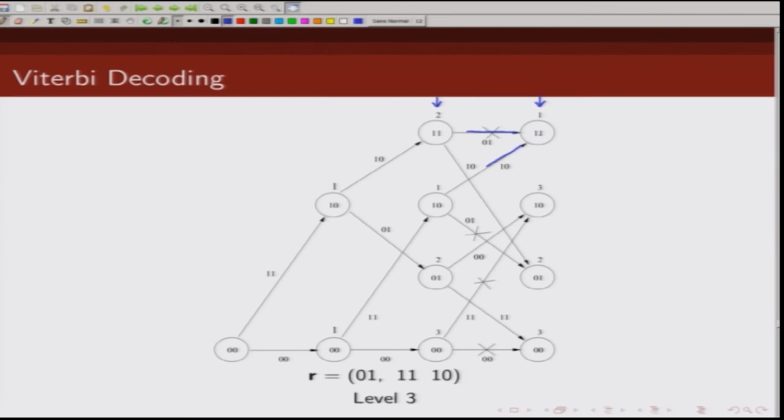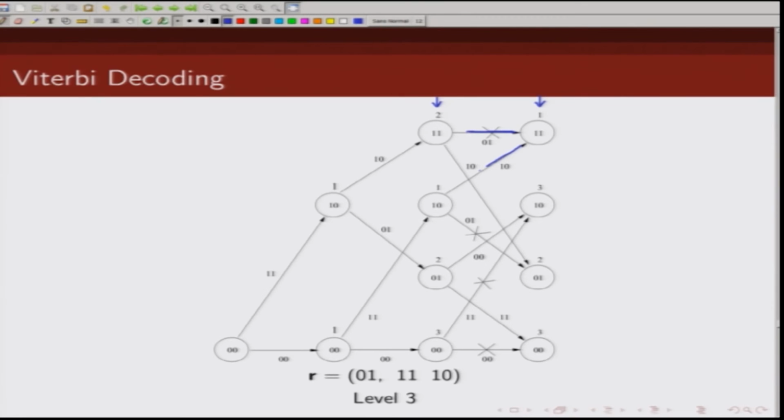So, how do we compute the partial path metric here? This we compute by adding the partial path metric of this state plus the branch metric of this branch, or the path metric at this state plus the branch metric corresponding to this transition.